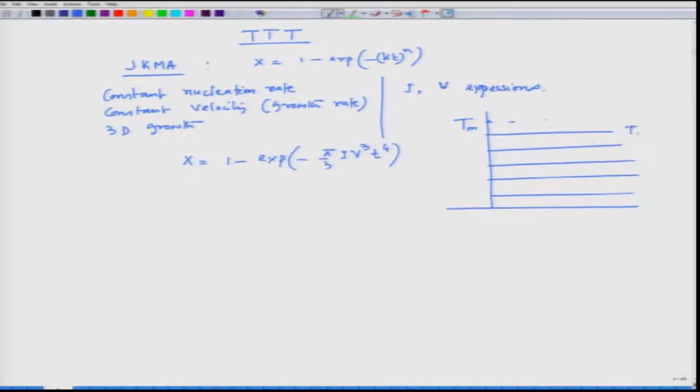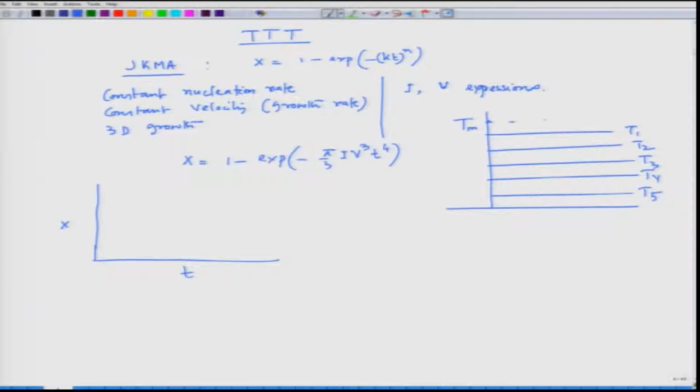This is T1, this is T2, this is T3, this is T4, this is T5. So, I try to plot x versus time at those T1, T2, T3, T4, T5 temperatures.